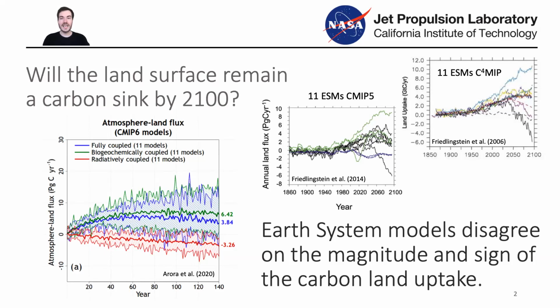And as we can see, all the members of the CMIP ensemble have a high disagreement, not only on the magnitude, but also on the sign of the land uptake by the end of this century.